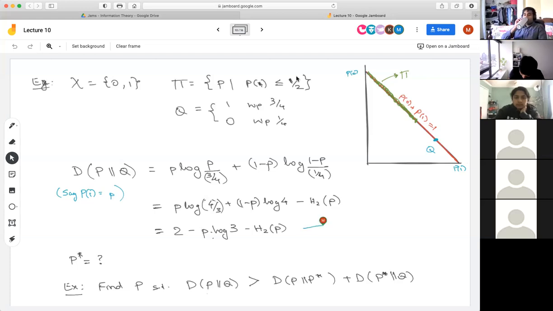So the question is, how do we minimize this over pi, where pi is just identified by the distributions where little p is less than or equal to half? Any guesses?